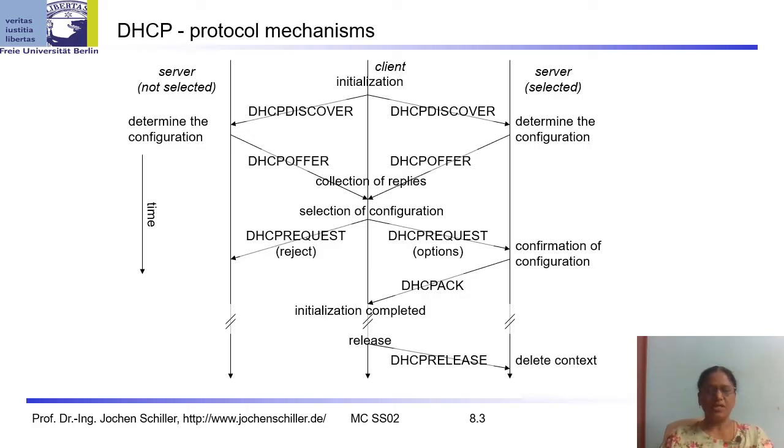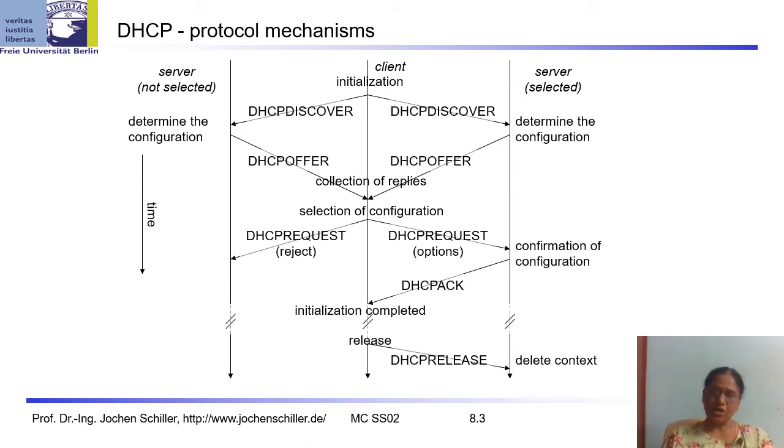You can see on the left side it is rejecting the offer, and on the right side it is accepting the offer by setting certain options fields. Once it sends this to the server whose IP address it is accepting, that server will confirm the configuration and then send a DHCP acknowledge message.